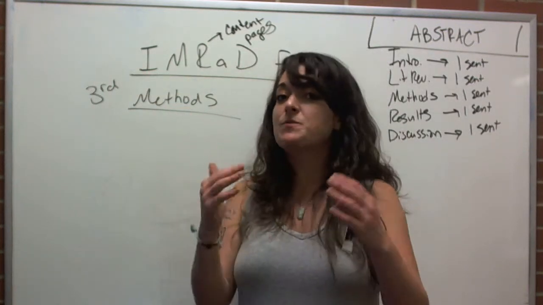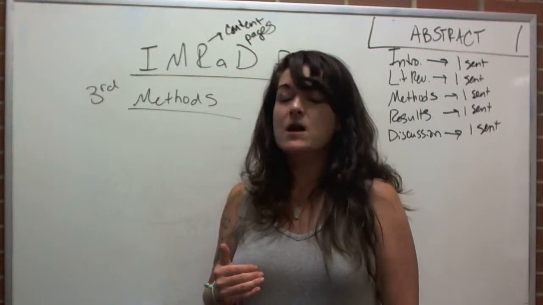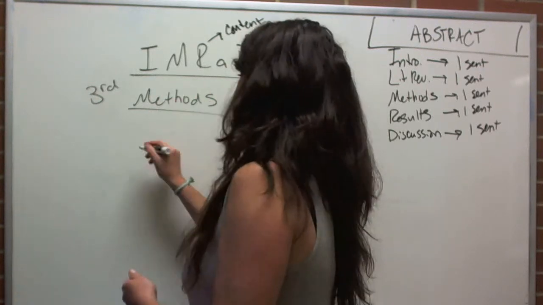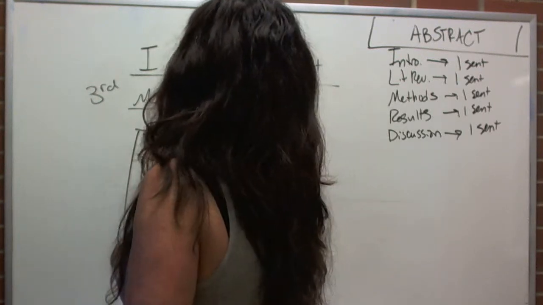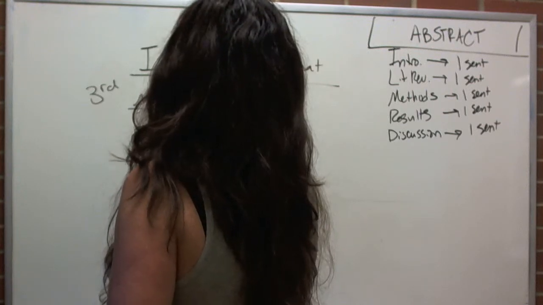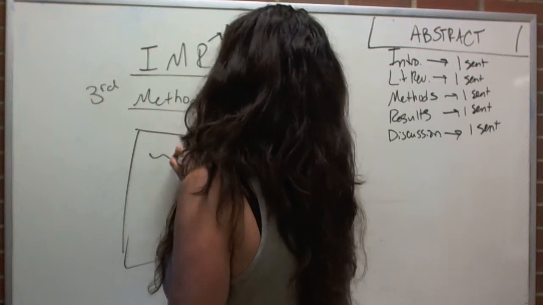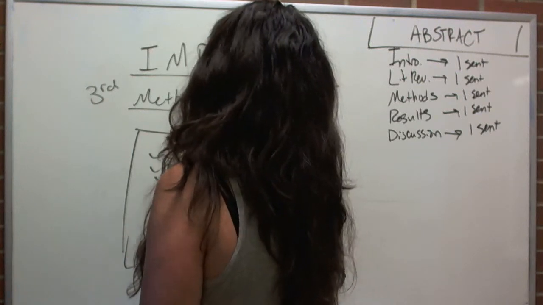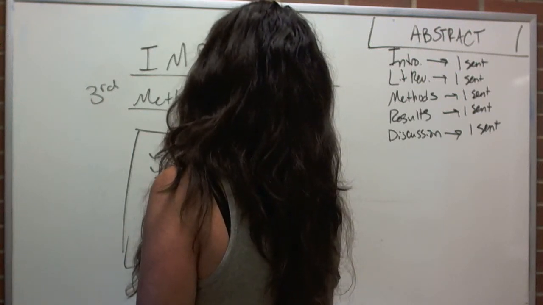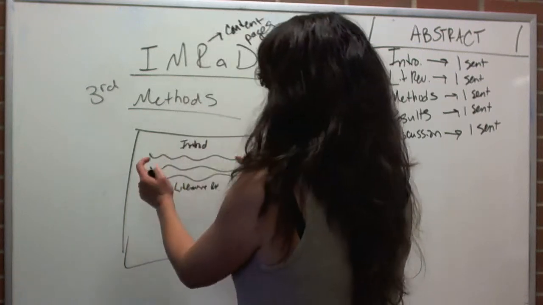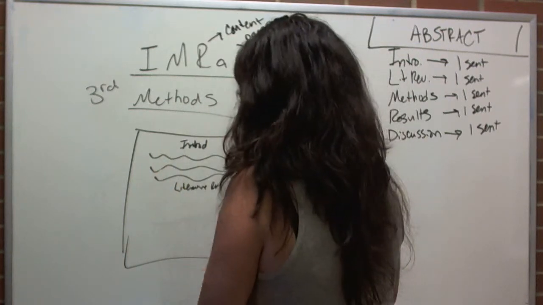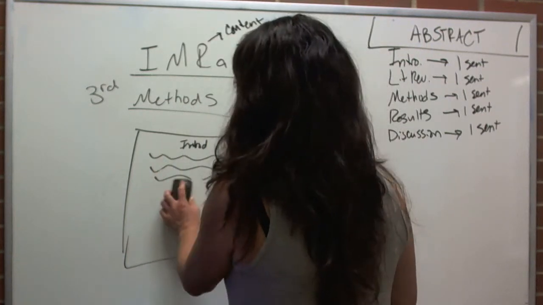There are no extra spaces between these sections, okay? So let's say you do your introduction. You need to double check how headers are formatted in APA. So introduction, blah, blah, blah, and then your literature review. These are centered, okay? Wait, no, I just lied to you. No, they're not.